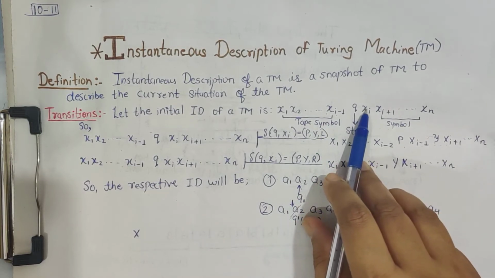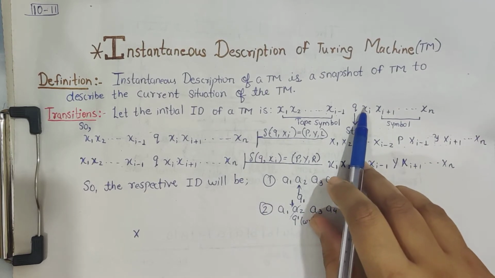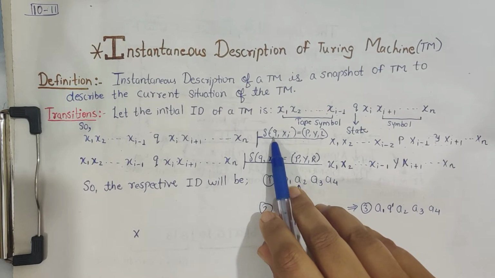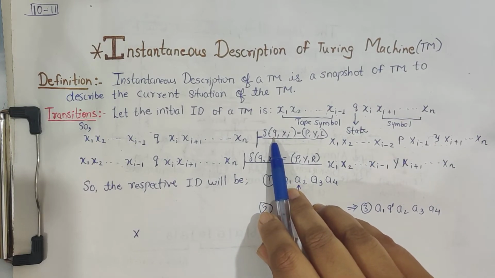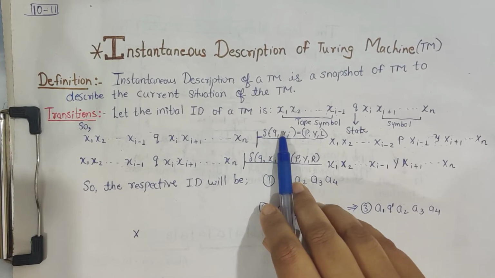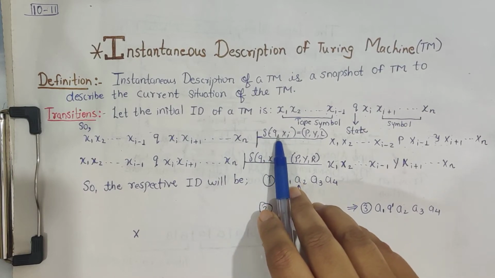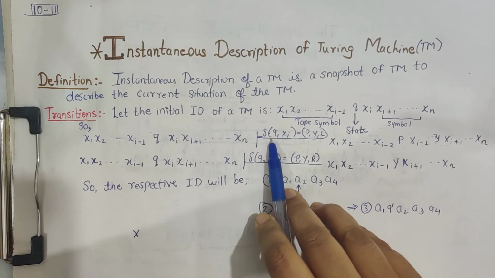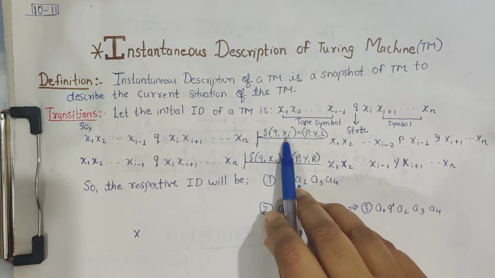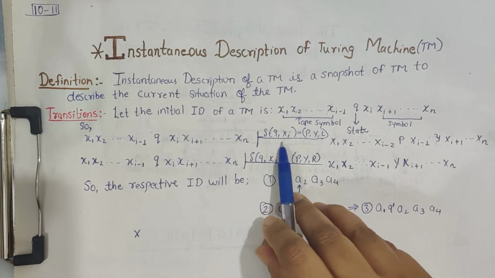Here you can see that the finite control is under the state q, and the cell contains the tape symbol xi.